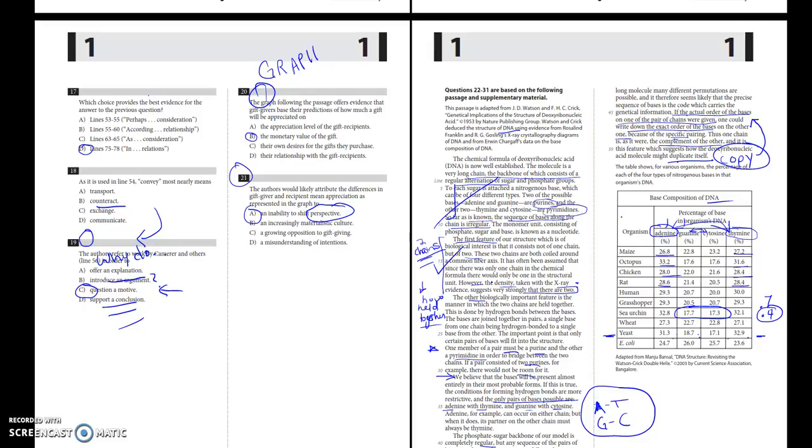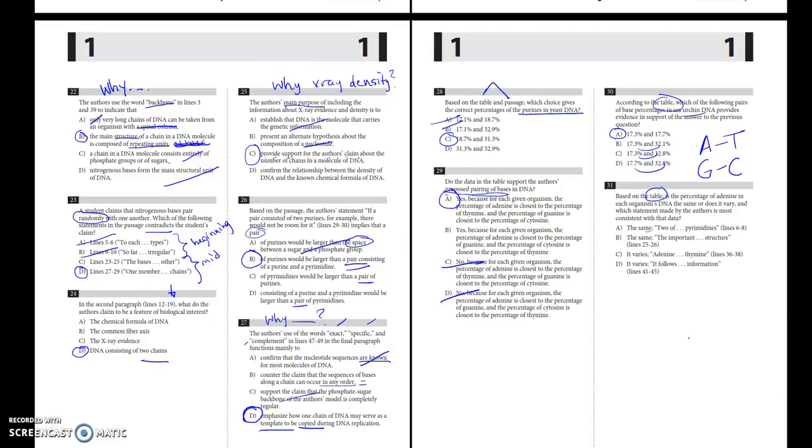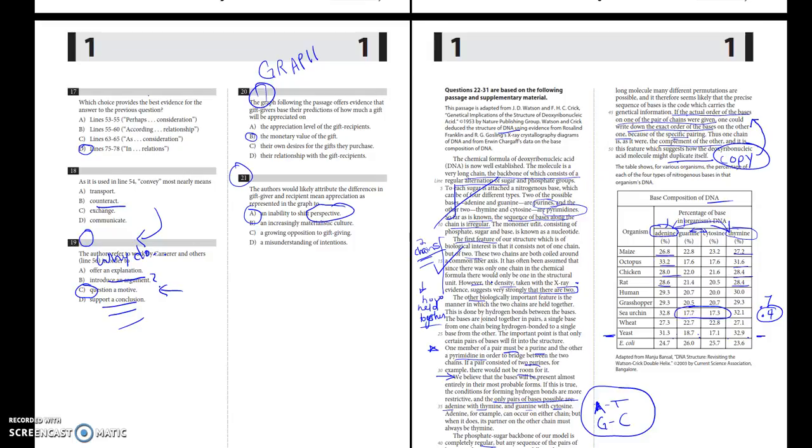Well, I think that we could say that they all vary a little bit. They're never ever the same from organism to organism, right? Yeah, it definitely varies, so it can't be the same. And then we have to look for either lines 36 to 38 or 41 to 45 to say that it varies.